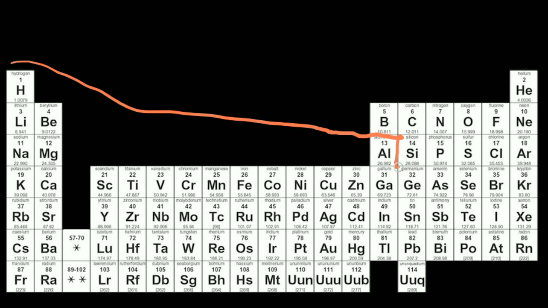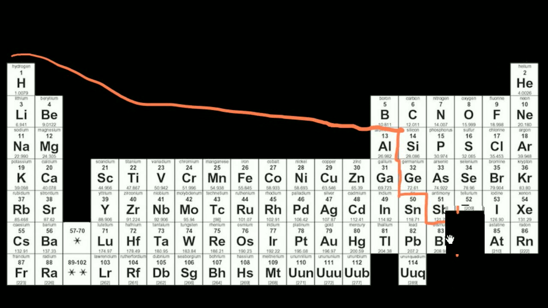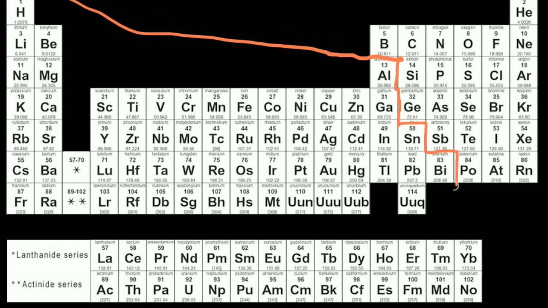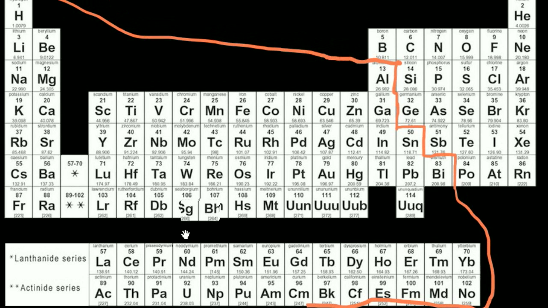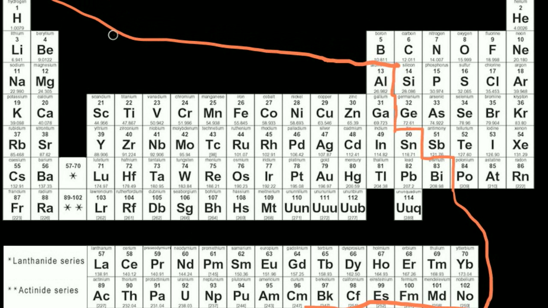And I'll just draw this line. So germanium, tin is on that side of the line, bismuth is on that side of the line, and we're also going to include in this everything down here, in what we're going to eventually call the F block, in this division marked with this orange line.